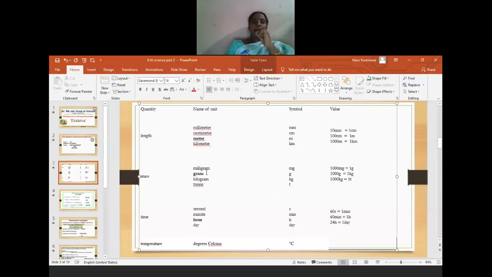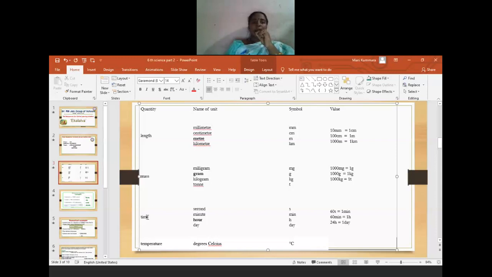Milligram and gram are the smallest units. Kilogram and ton are the largest ones. Can you see, the doctor will say to take a syrup 5 ml and 10 ml. So milligram is the very smallest unit.